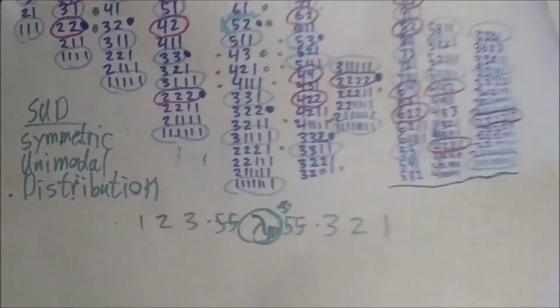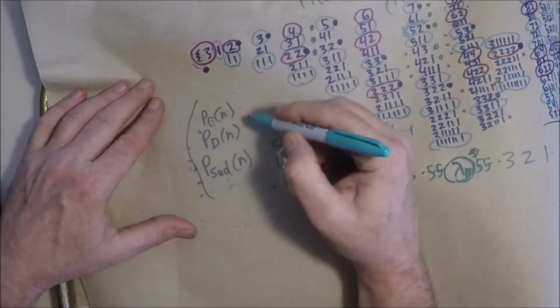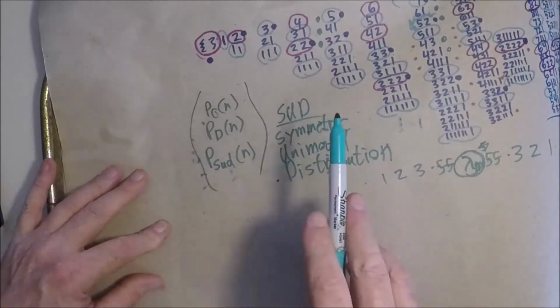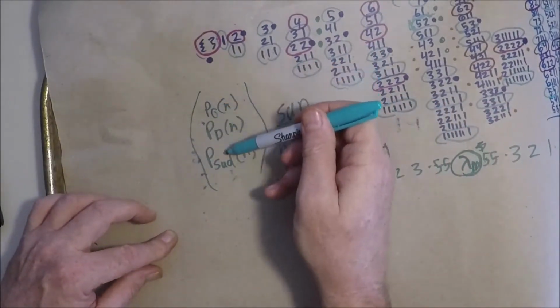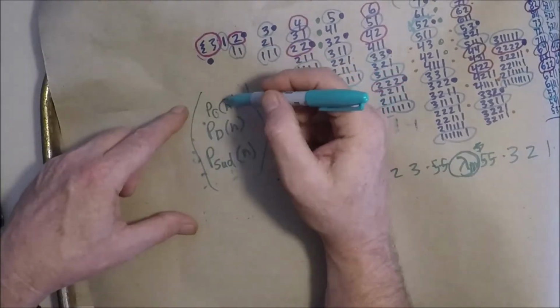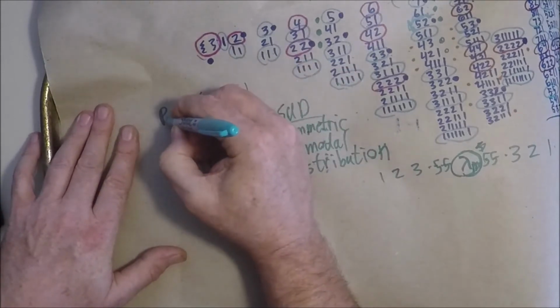So there's actually at least three types or ways of specifying partitions that are equinumerous. For each of these, there's a complement. PO, obviously, we've seen as PE.